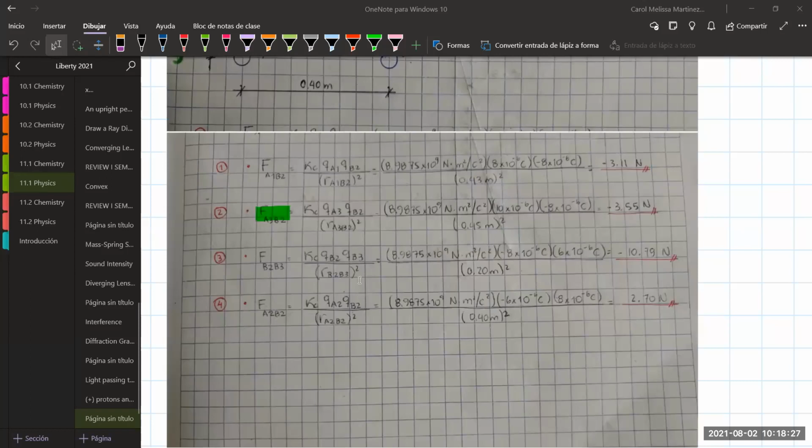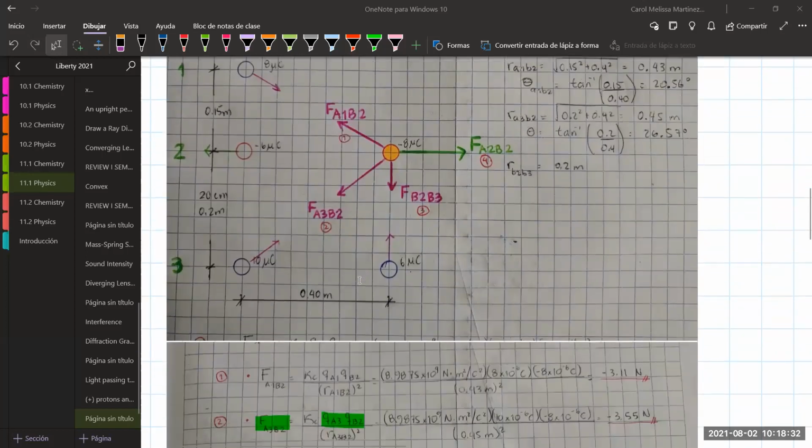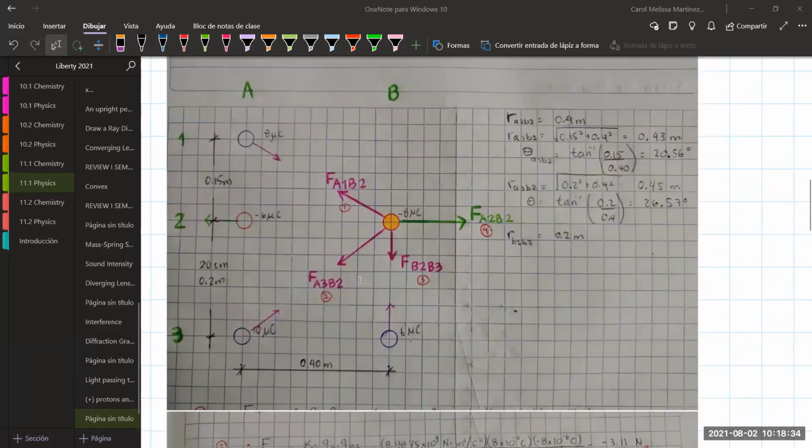You get the second force, that is between A3 and B2, okay? And A3, B2 is from column A, the third one, and from column B, the second one, okay? So you're going to include these two charges, the charge of 10 and the charge of -8. And the distance, this is the second diagonal, so that distance is going to be 0.45.